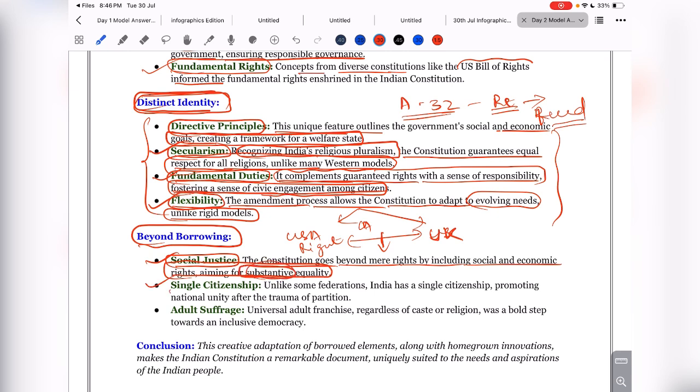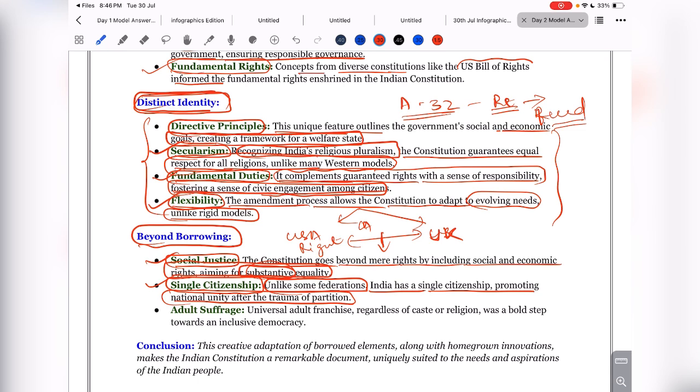Then next is citizenship. Though we borrowed the federal principle from the USA, India has a single citizenship, promoting national unity after the trauma of partition. You know that after independence we had a partition, and because of that the country was divided into two parts, Pakistan and India.